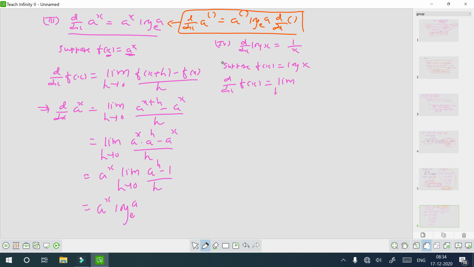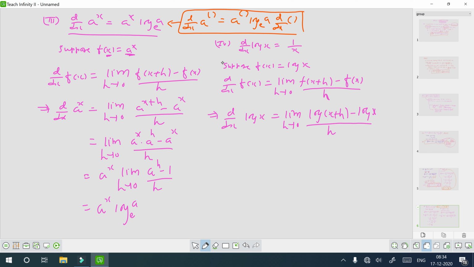By this definition, limit h tends to 0 of f(x+h) minus f(x) upon h. This implies d by dx of log x is equal to limit h tends to 0 of log(x+h) minus log x over h.